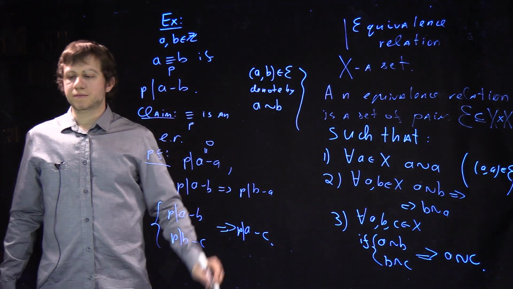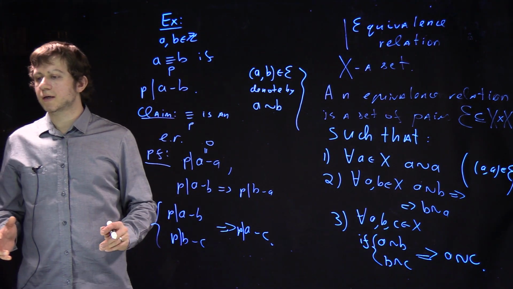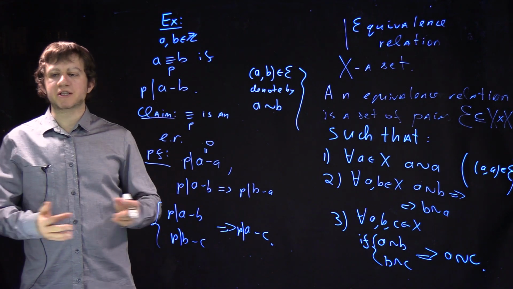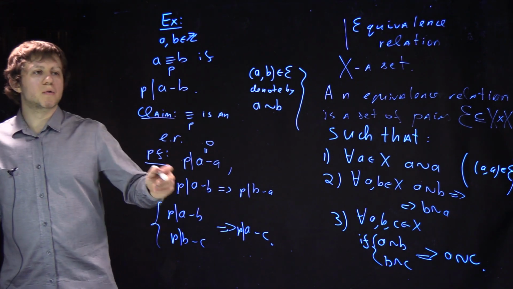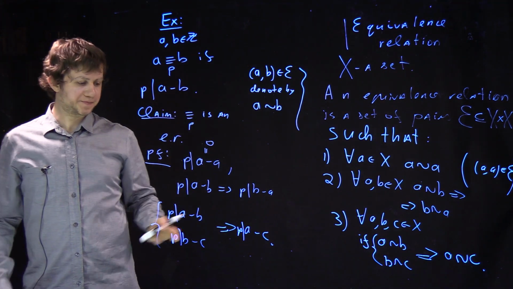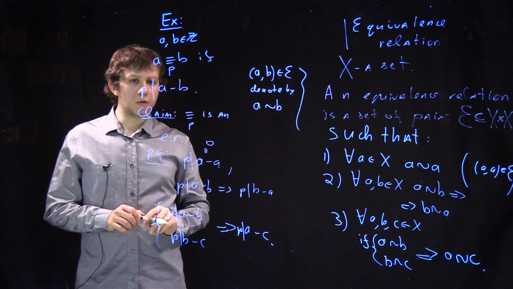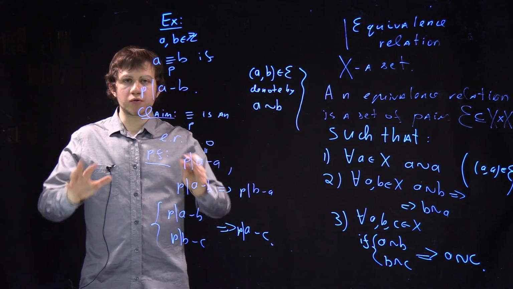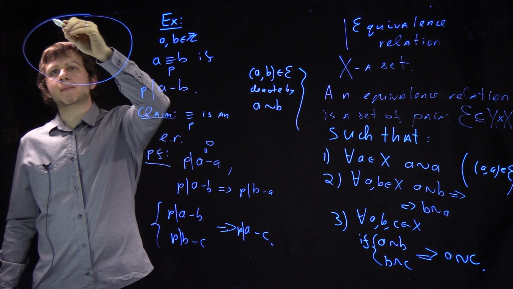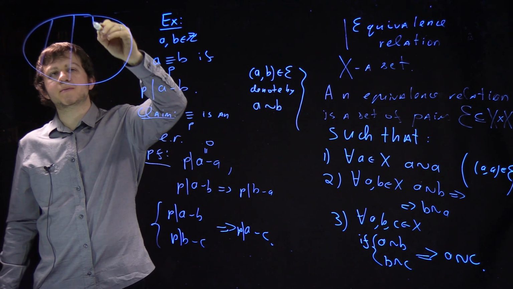And there are others. For instance, one can take trees and call them equivalent if they have the same height. So now every tree is equivalent to all trees of the same height. When you have an equivalence relation, your set of objects, let me draw it here, is subdivided into many different subsets.